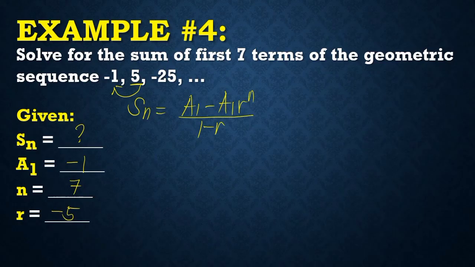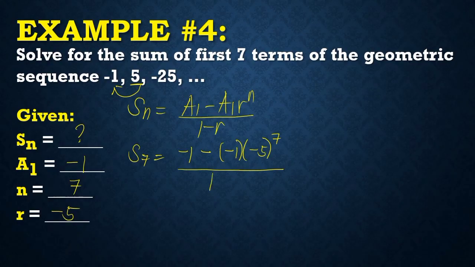And then S sub 7 is equal to, so A sub 1, that is negative 1, minus the product of the first term, and then R raised to n, that is negative 5, raised to n, that is 7, all over 1 minus negative 5. Okay.